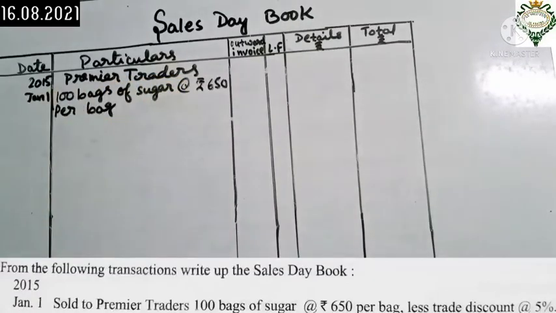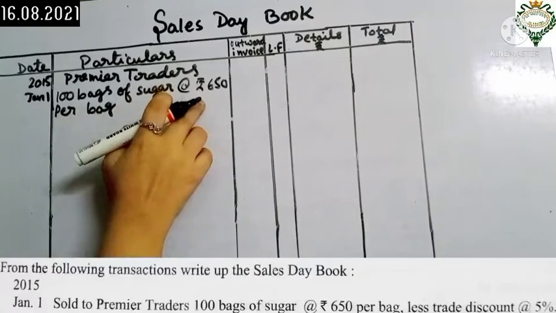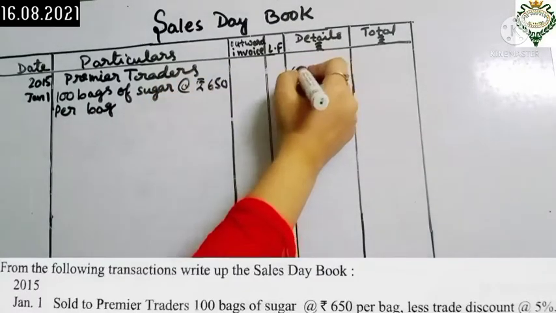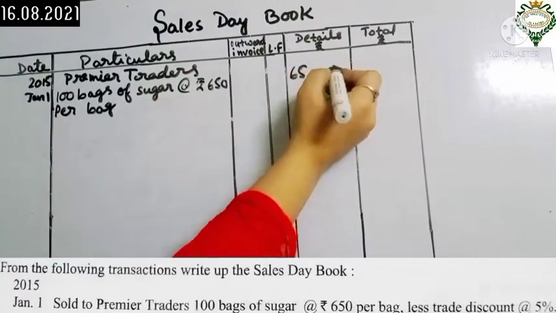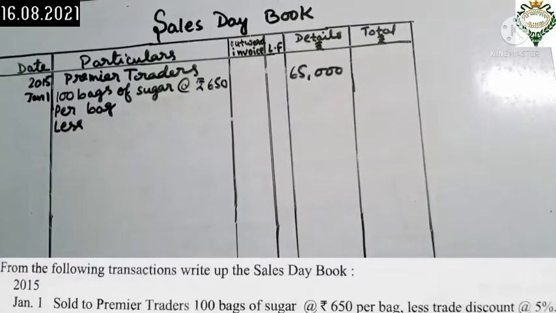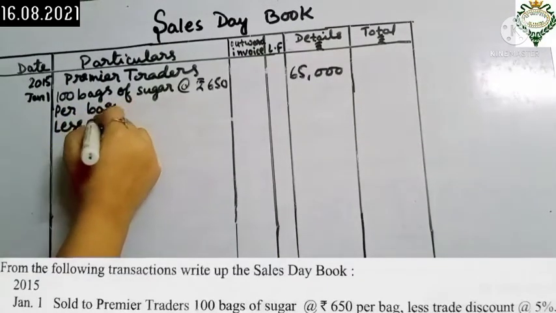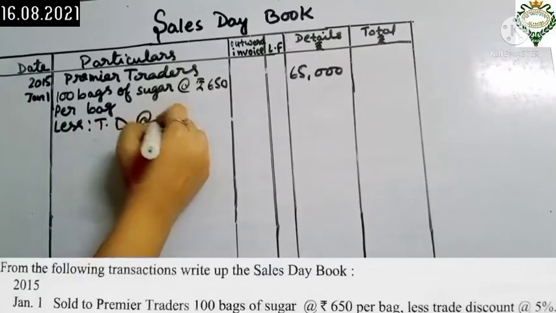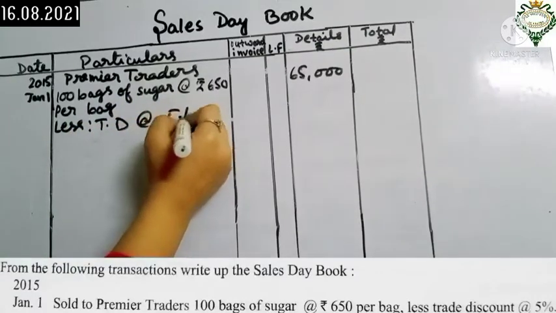If you multiply 100 into 650 you will get 65,000. And there is also a trade discount that we have to deduct here. The trade discount was 5%.